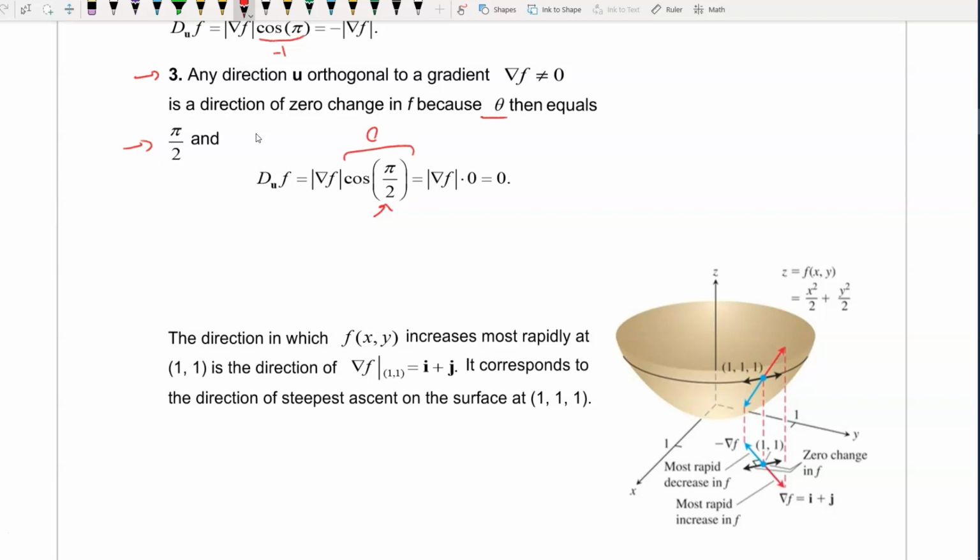So we have the length of the gradient of f times 0, so this is 0. The direction in which f of x, y increases most rapidly at the point (1, 1) is the direction of the gradient of f at (1, 1). So this is equal to i plus j. It corresponds to the direction of steepest ascent on the surface at (1, 1, 1).